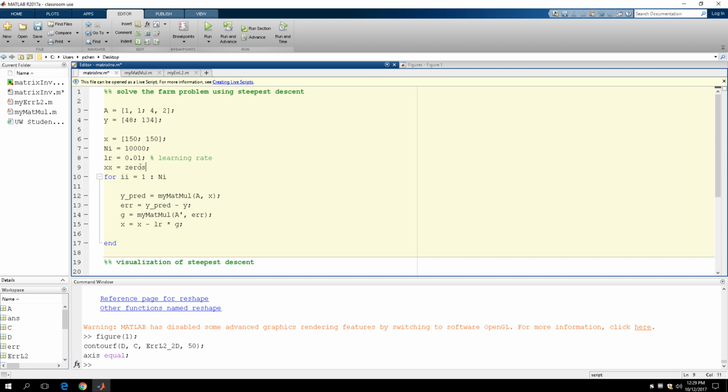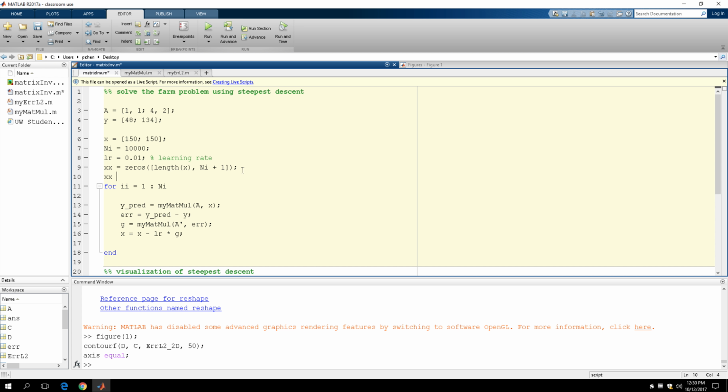Zeros, not exactly 2 rows, but the length of x rows, and ni columns, so every column is going to be the x value for each iteration, right? Because x has an assumed starting value, we need to add one more column. The first column of xx is going to equal x.